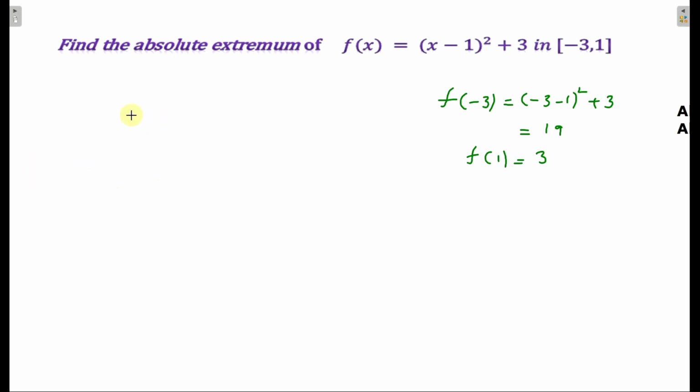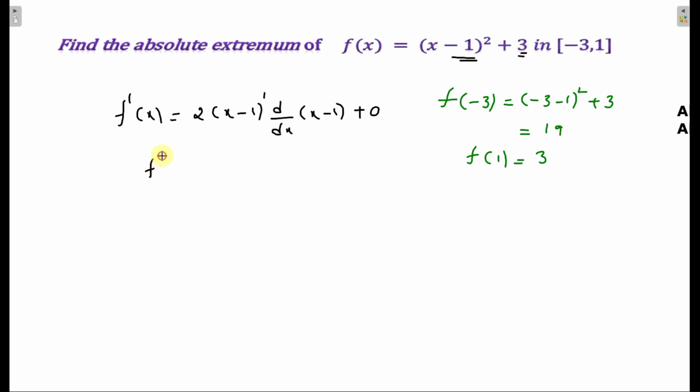Then to find the relative maximum and relative minimum, the first step is to find f dash x. So differentiate this function with respect to x on both sides. The derivative is 2 into (x - 1) to the power of 2 - 1, which is 1, into the derivative of (x - 1), plus the derivative of 3, which is 0, a constant derivative.